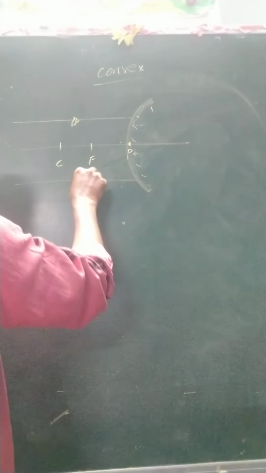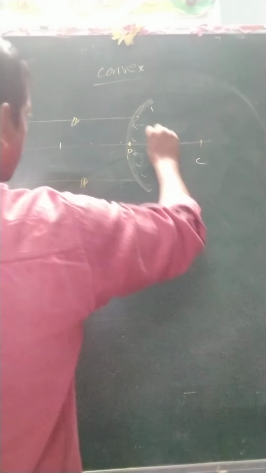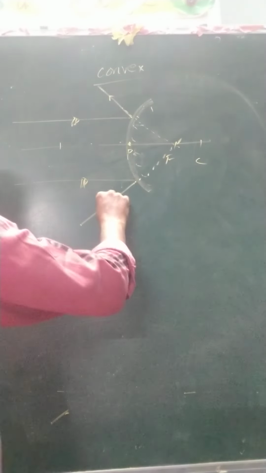It is a diverging mirror. Diverging mirror means we can assume it is reflected and appears to pass through the focus, and the other ray is also reflected, passing through the focus. So this is the case for convex mirror.